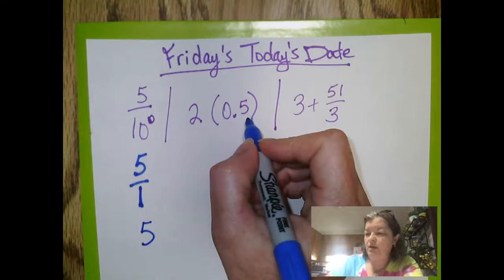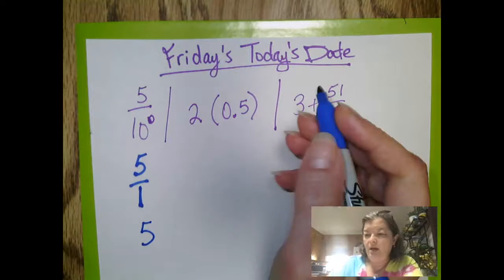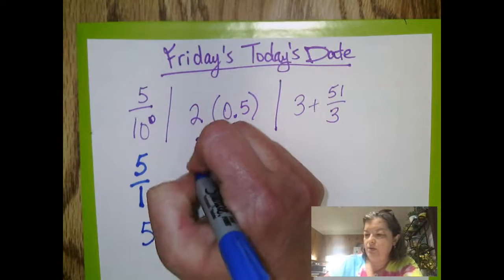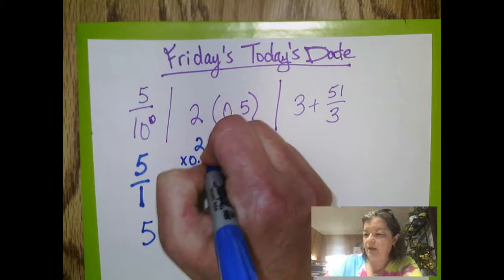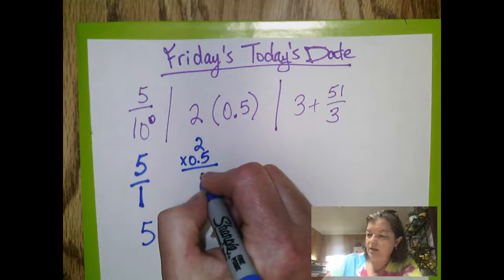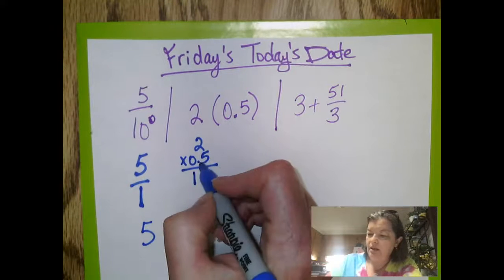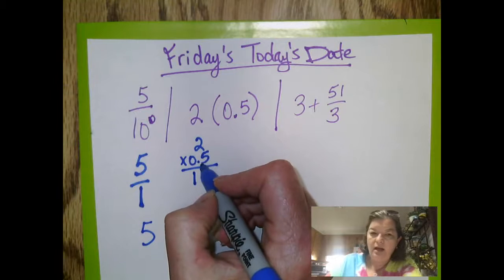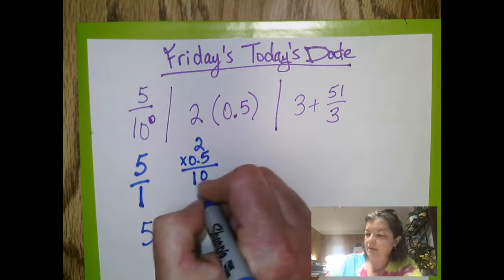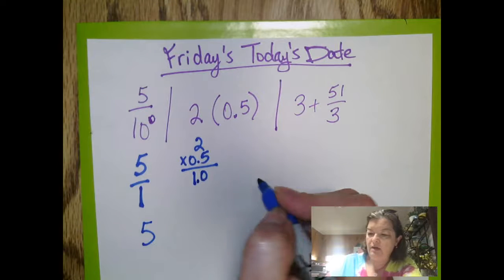For this one, 2 times 0.5. I can multiply that out, which I am going to do today. The 2 times the 5 is 10. And then I have only one digit after the decimal for the whole thing that I'm multiplying. So that means in my answer, I have one digit after the decimal.